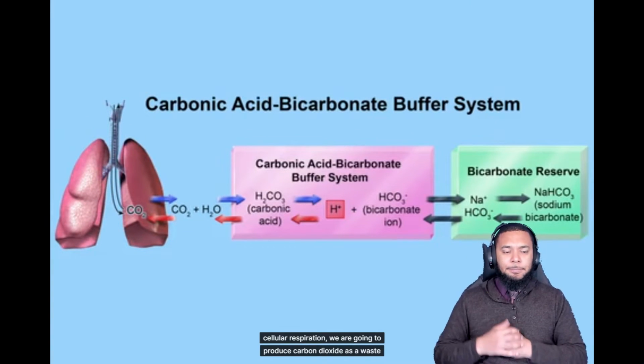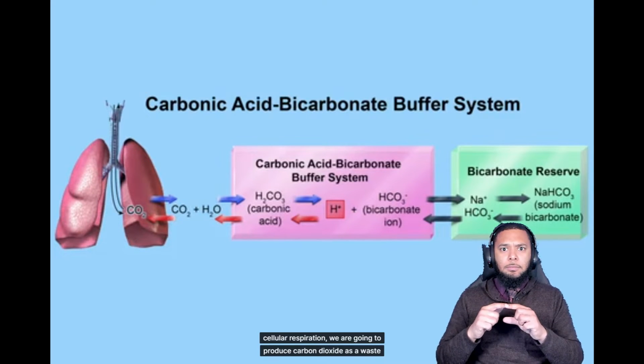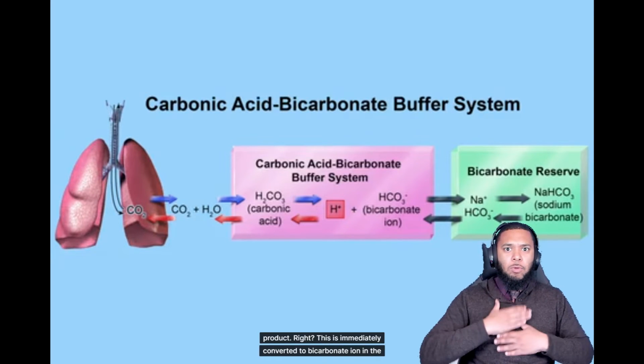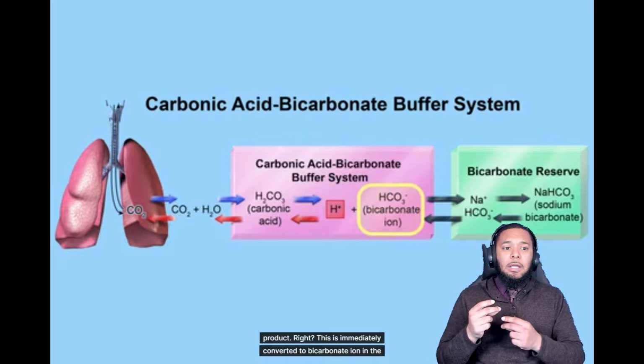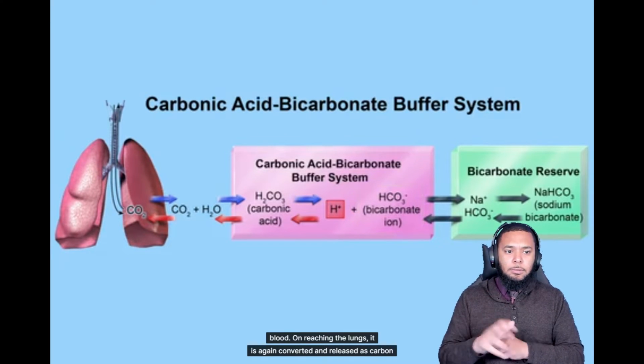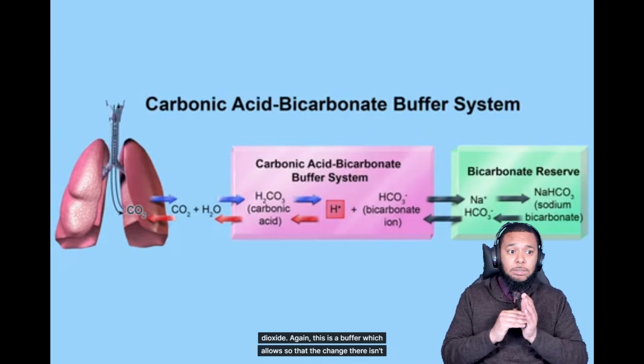During cellular respiration, we are going to produce carbon dioxide as a waste product, right? This is immediately converted to bicarbonate ion in the blood. On reaching the lungs, it is again converted and released as carbon dioxide. Again, this is a buffer which allows the change there to not be drastic, right?